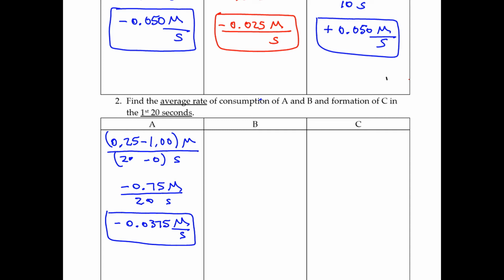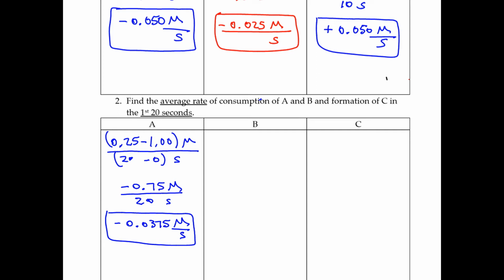If you contrast that with the first 10, you're going to notice that the number in the first 10 is larger in absolute value than the number in the first 20, which means the reaction is slowing down for the consumption of A. Now, without doing a whole lot of work, you could easily get the other numbers for this.